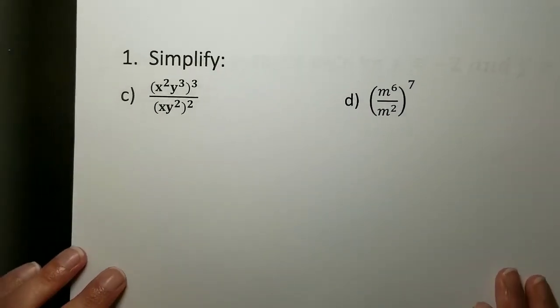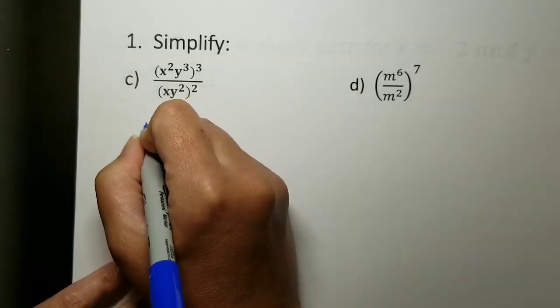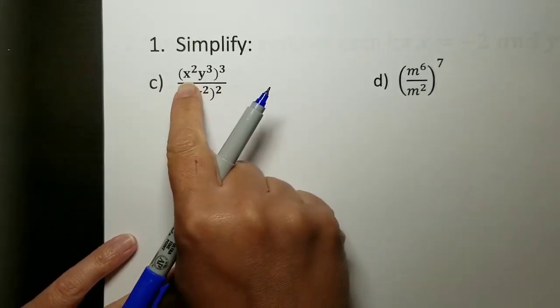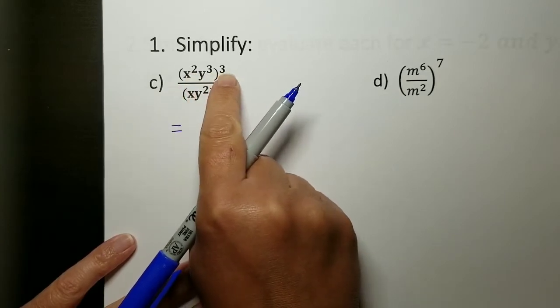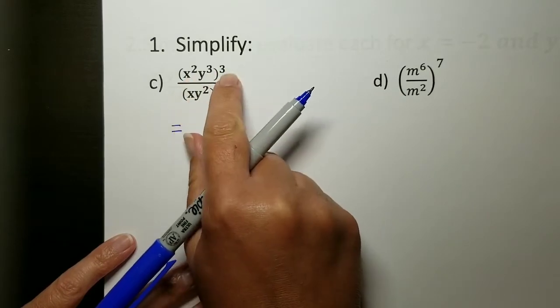We could combine this power of a power idea also with the multiplication and division rules that we did in day 2. So for part C, we're going to simplify x squared y cubed, all to the exponent 3. So we've got a power within another power.